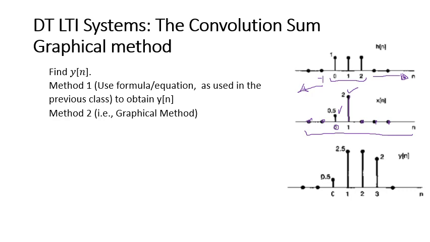Now, based on the instructions on the previous slide, let's find the convolution sum. The first step was to plot both the impulse response and the input signal by replacing the independent variable with k.